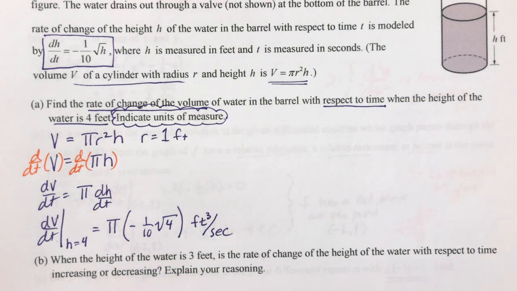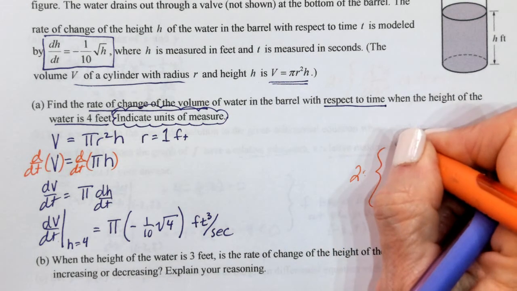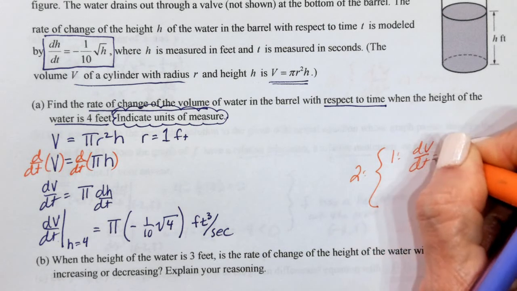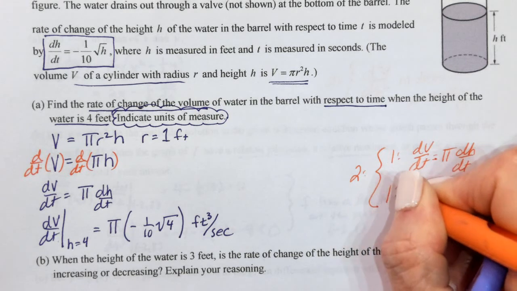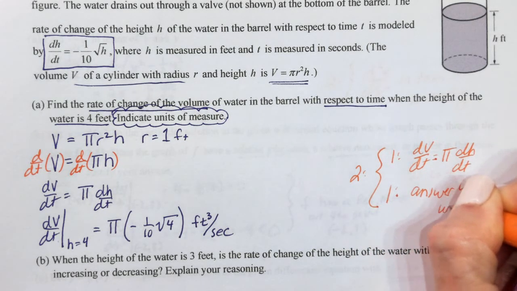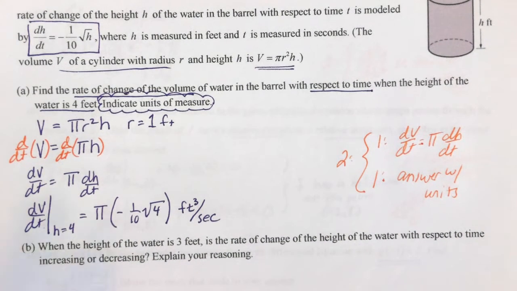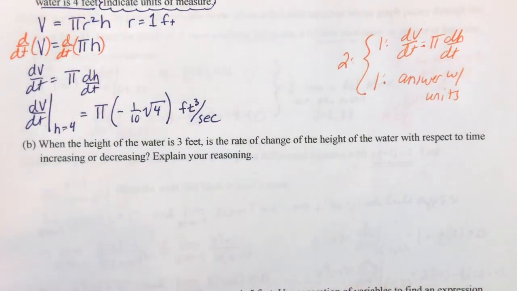All right. That was worth just 2 points. 1 point for writing dv dt is pi dh dt, and 1 point for the answer with units. So if you didn't write units, you didn't get your point for the answer, even if your answer was good.